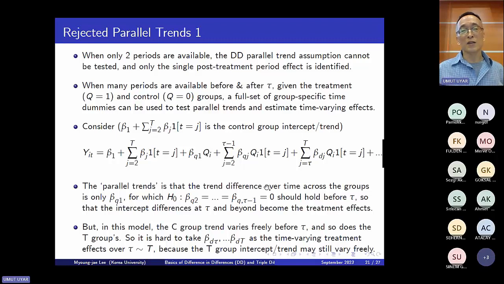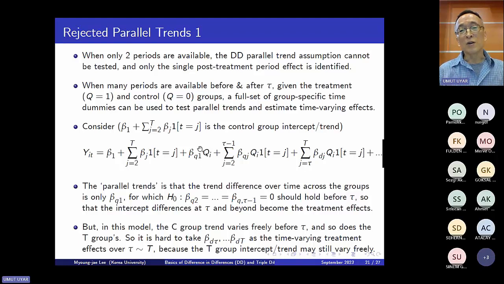In applied studies, this kind of panel data model is often used. If you look at this model, this part is to capture the control group trend changes over periods. These are time dummies. By using them, you capture a control group trend change over the entire study period.